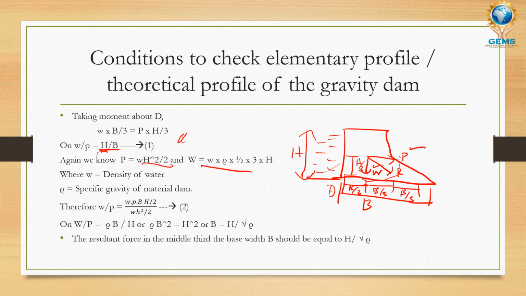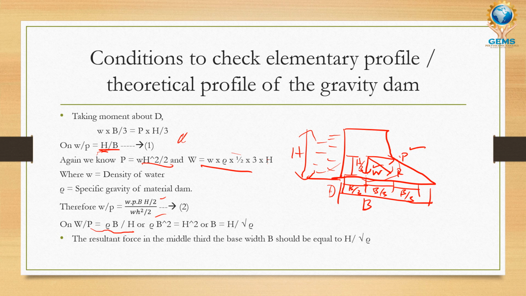If you keep the h here and bring all these components to the bottom, the equation will change like this. Then you cancel out the common terms, and the equation finally becomes W by P is equal to rho B divided by h.